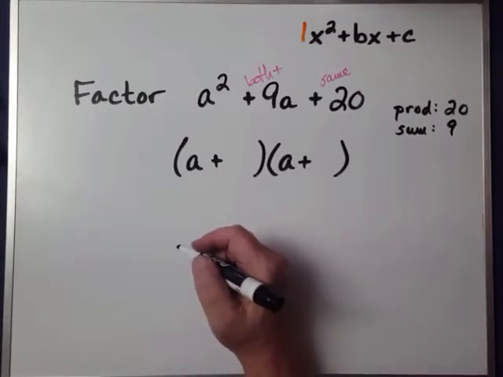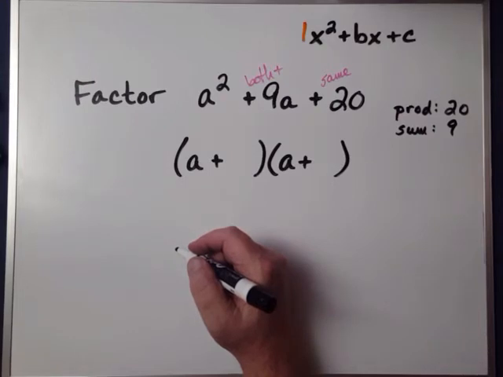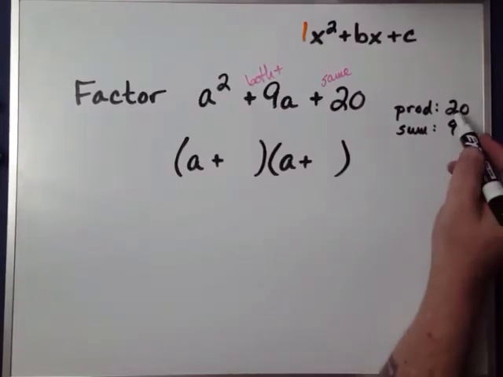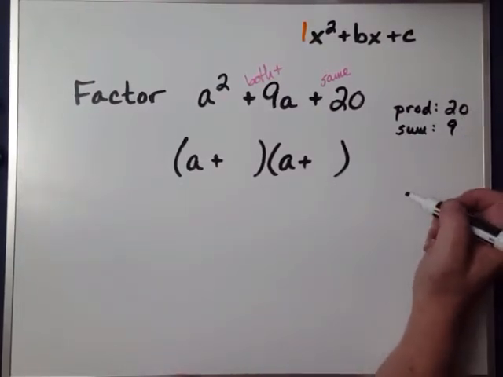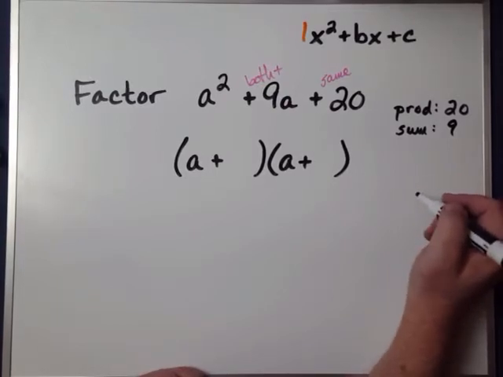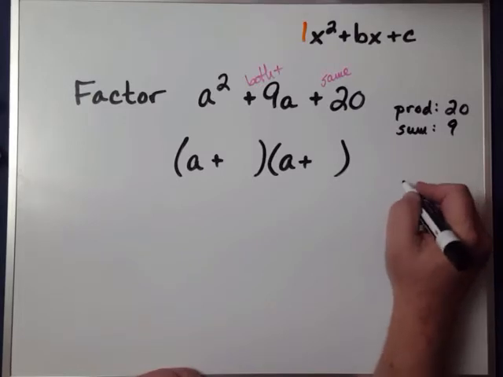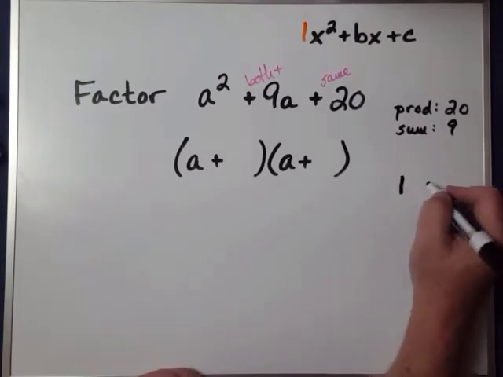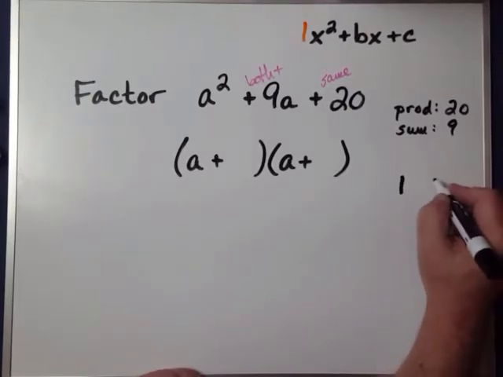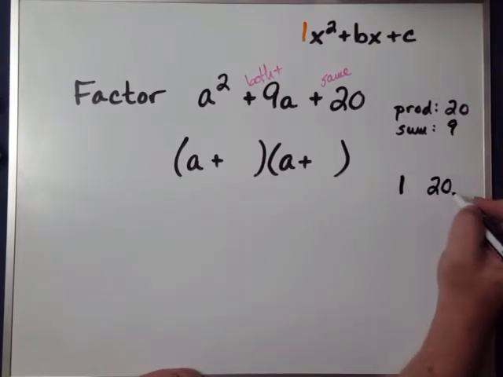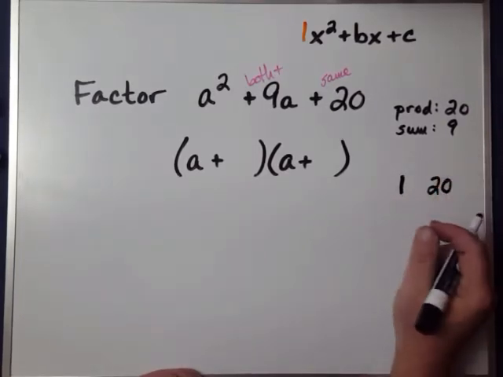Well, there's a guaranteed method to find those two numbers. Let's look at this product of 20 and think of all the factor pairs that could possibly give me 20. Always start with the number and 1. 1 and the number itself. Well, 1 times 20 is 20, but do these add up to 9?